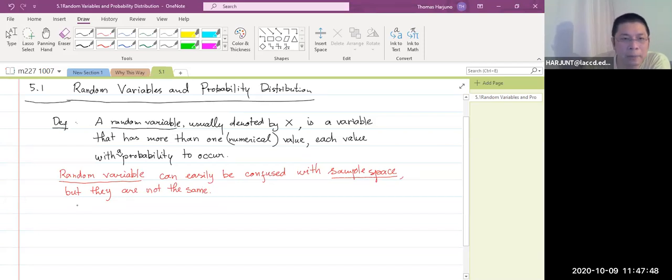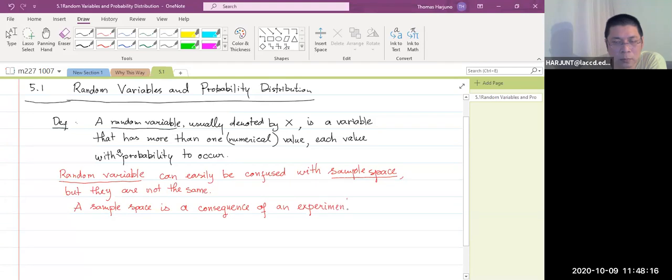Now, a sample space is a consequence of an experiment. Once you tell me the experiment, then we know what the sample space is.